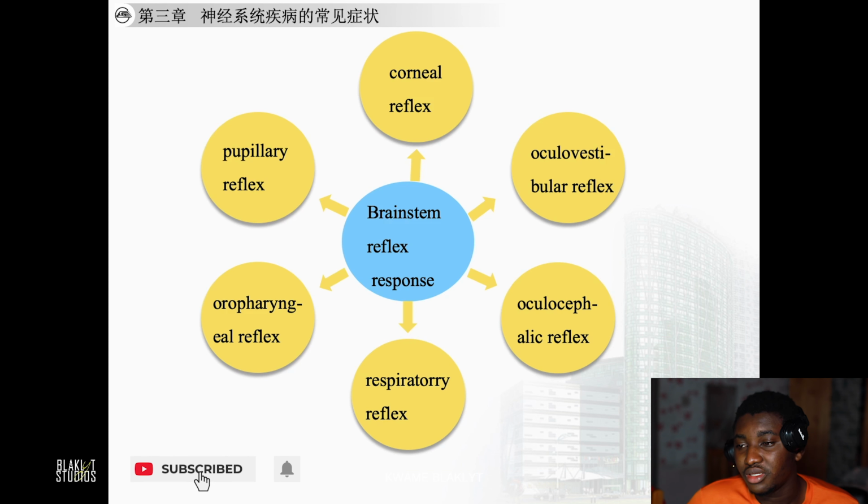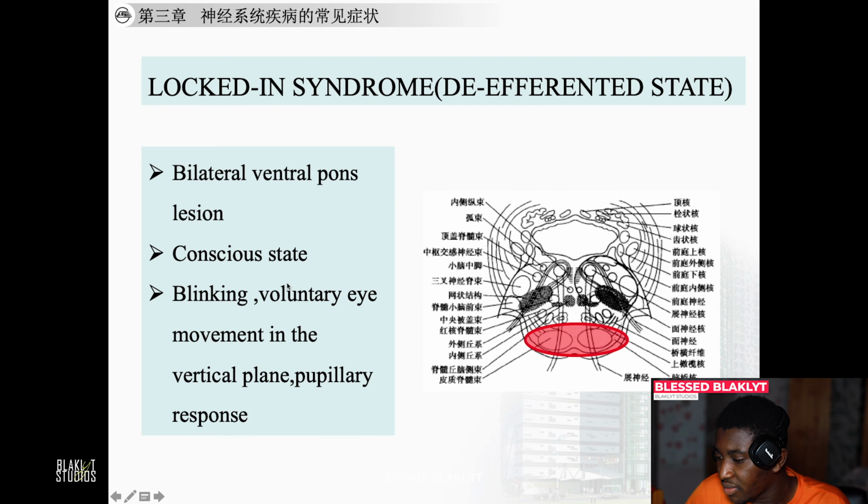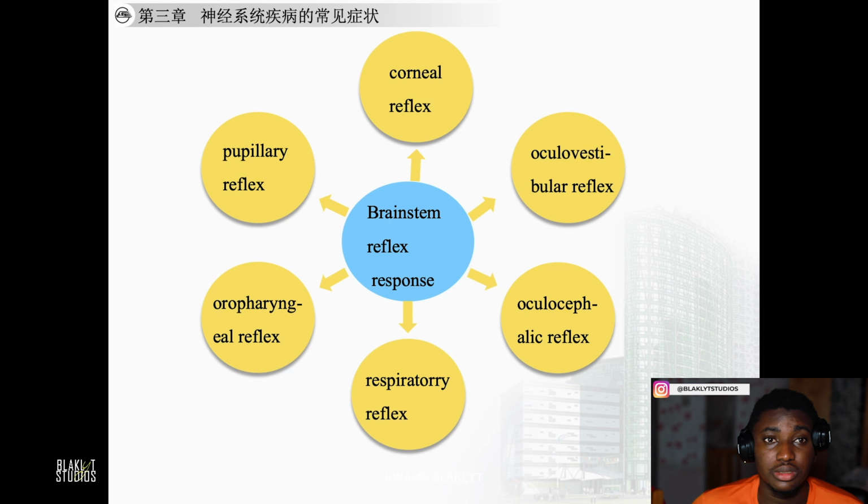Alright, so what are the brainstem reflex responses? We've got 6 of them: pupillary reflex, corneal reflex, oculovestibular reflex, oculocephalic reflex, respiratory reflex, oropharyngeal reflex.